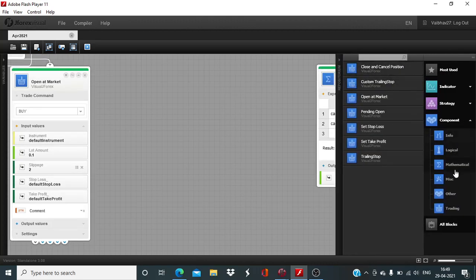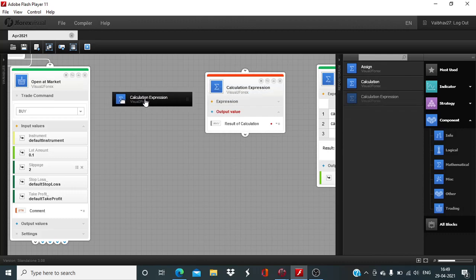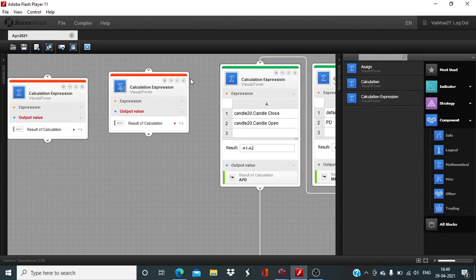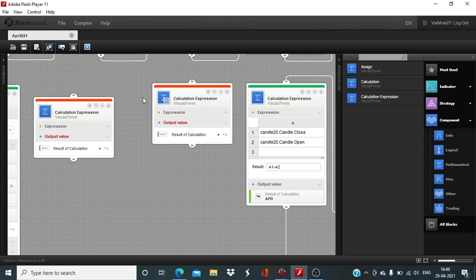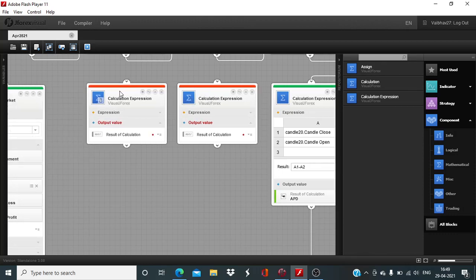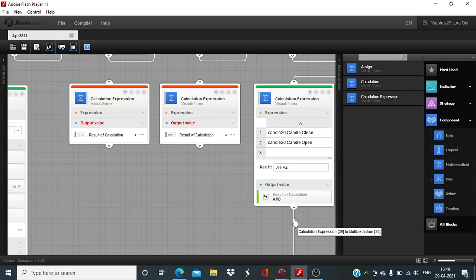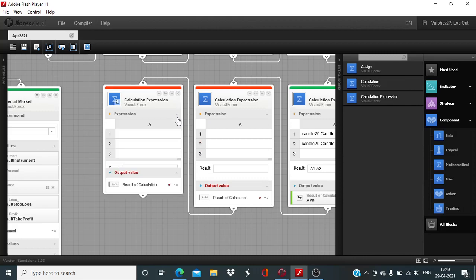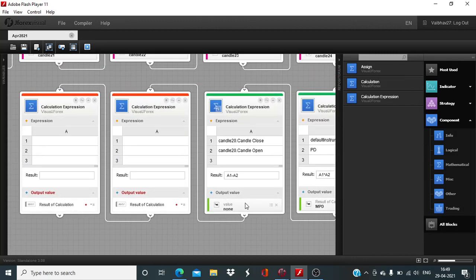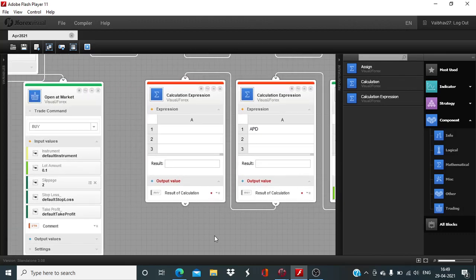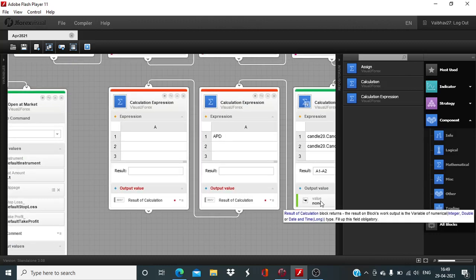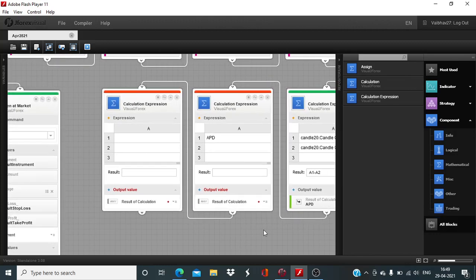So here we will need mathematical components, calculation expression. And we will need to multiply this difference by 10 raised to the power 4, which is going to be our variable to convert these decimal values to integer value.